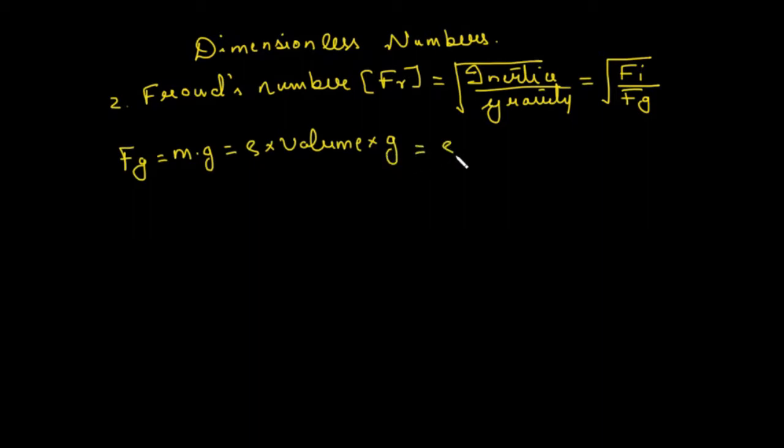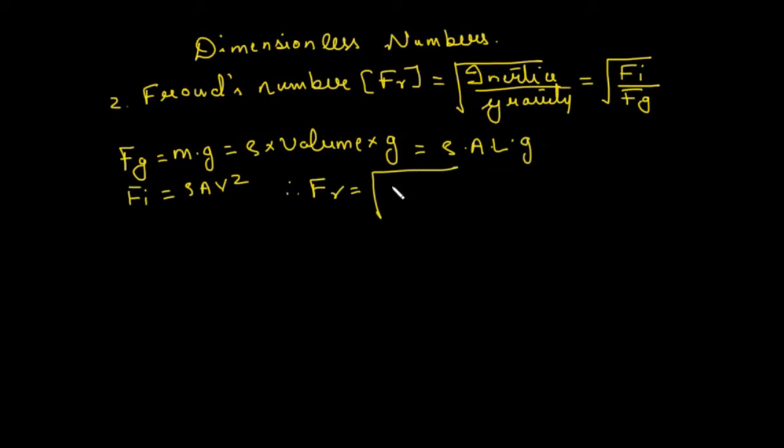into acceleration due to gravity, and volume can be written as A into L, so Fg is rho into A into L into G, where A is the area and L is the linear dimension length. And Fi, we know, we have earlier deduced, is equal to rho a v square.